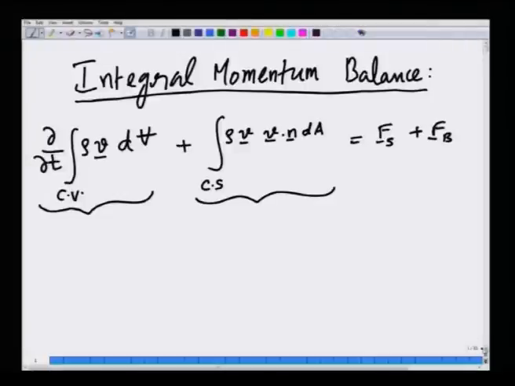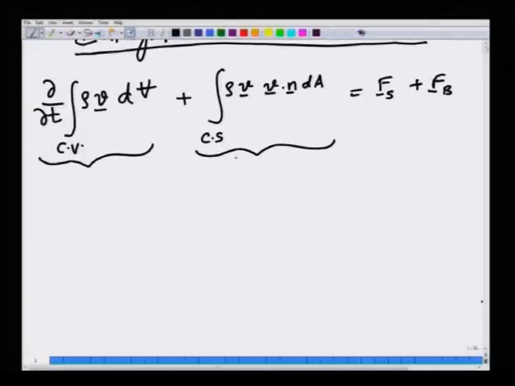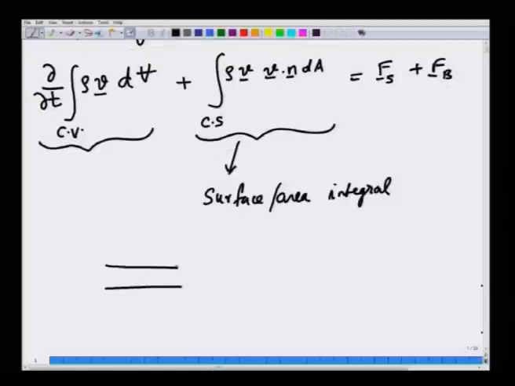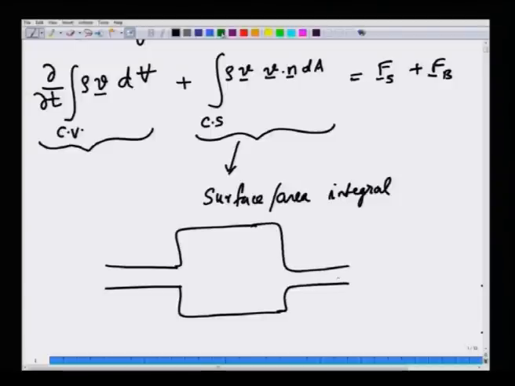Now, there is one thing that you should remember: whenever we have to evaluate this momentum flux term, it is a surface or area integral. For example, you could imagine that fluid is entering a simple control volume. Let us show the control volume using this red line. Let us imagine that fluid comes through here and exits through here.